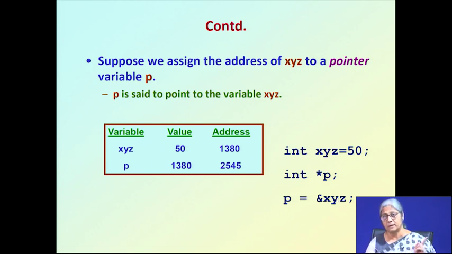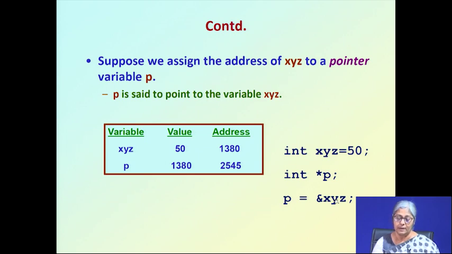We have read this earlier. Then p equal to ampersand xyz means p is now the pointer pointing to the variable xyz. That means p has the same value as the address of xyz.